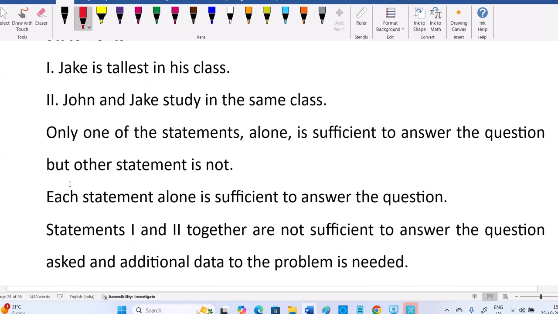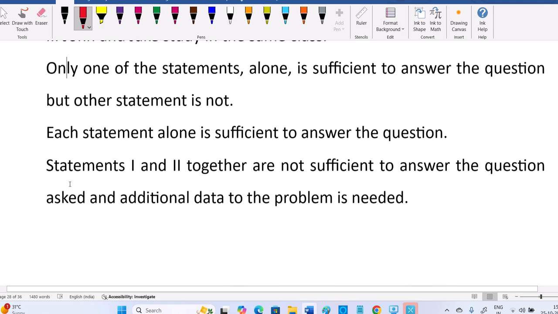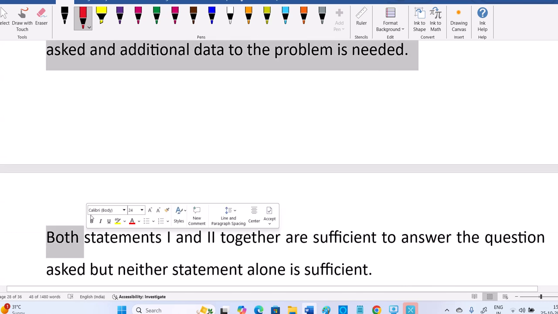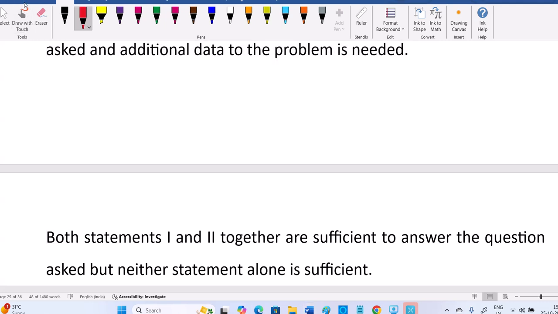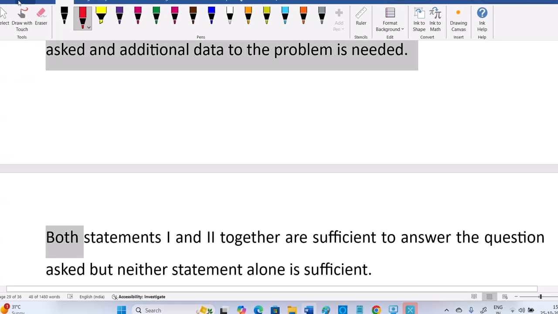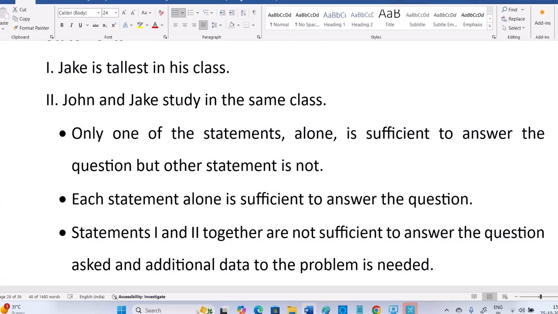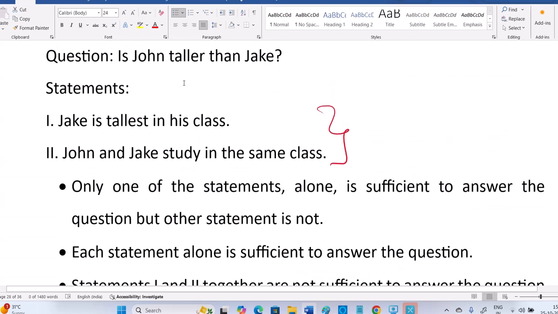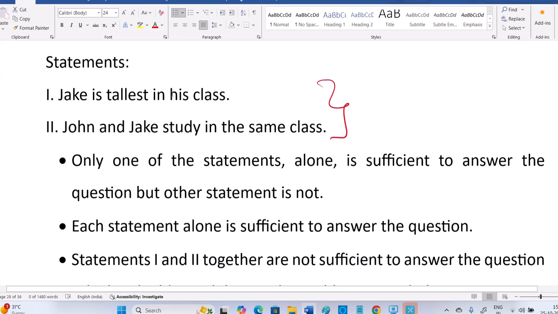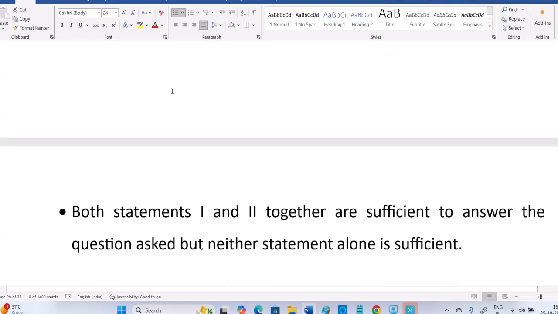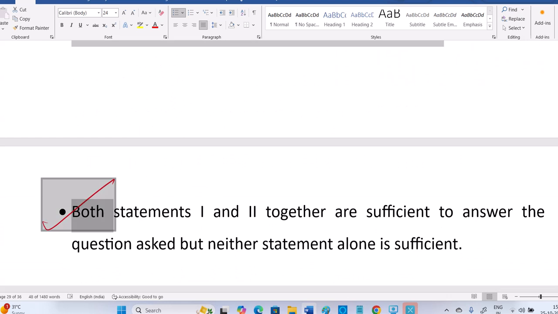Fine, see, Jake is tallest in his class. This is regarding a particular classroom, right? So we cannot map it to everyone. They gave tallest in his class. Both statements together: if John and Jake are both in the same class, as Jake is tallest, John is not taller than Jake. Whether the answer is yes or no, you have to answer that. To answer that, whether you have data or not. That's it.